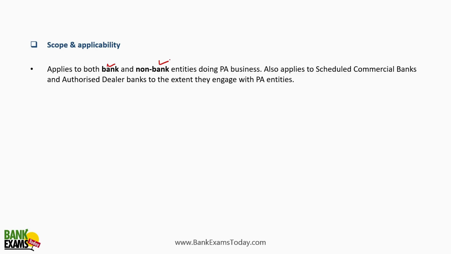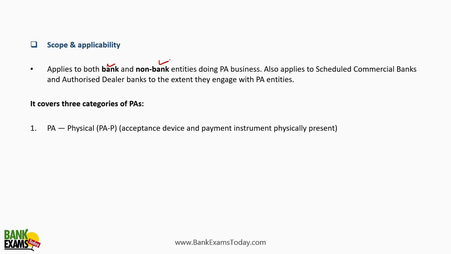Certain banks, like HDFC Bank, also provide payment aggregator services, and non-bank entities like Razorpay provide payment aggregator services. So it covers three categories of payment aggregators. Physical, the companies who provide POS devices; certain companies are into POS devices only.